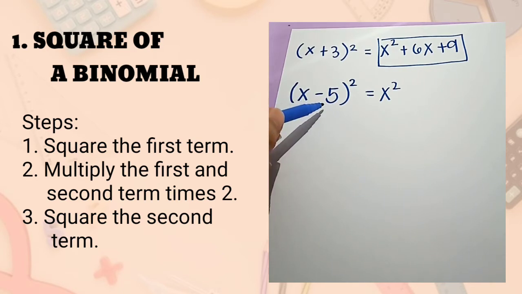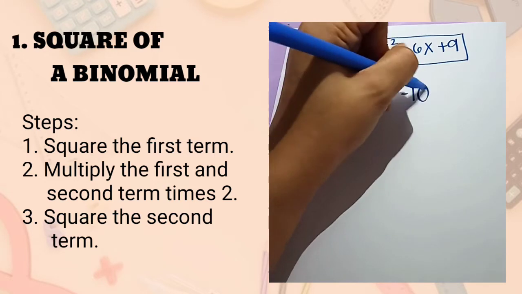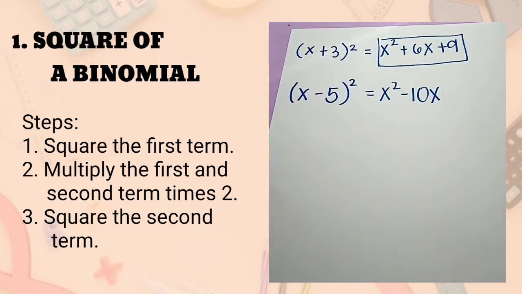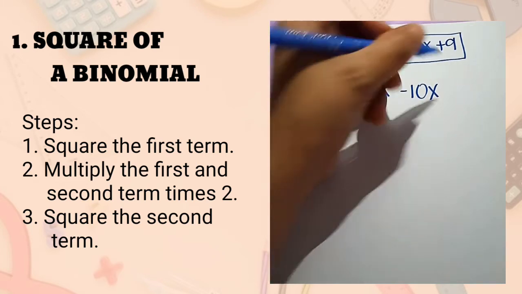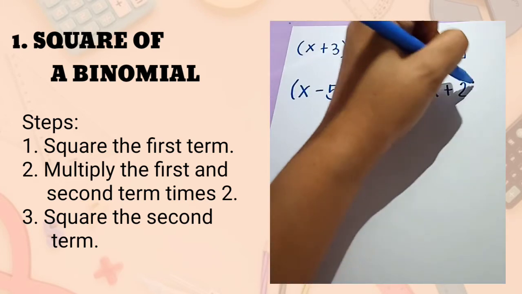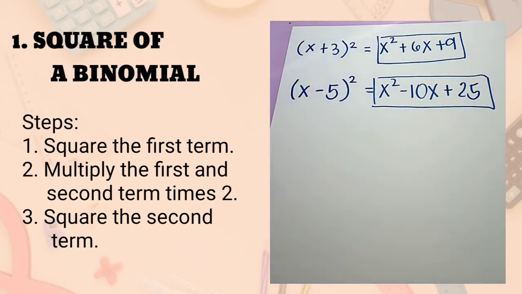So, x times negative 5 ay negative 5x, then times 2, magiging negative 10x. And the third step is i-square natin yung second term na negative 5. So, negative 5 times negative 5 ay equals to positive 25. Therefore, ito ang ating answer.